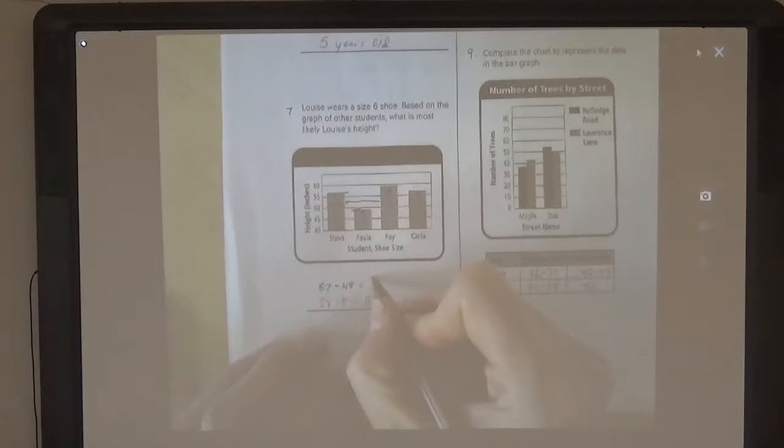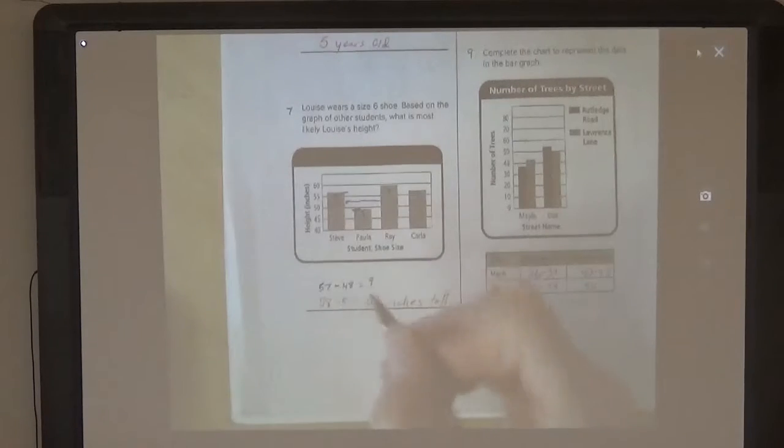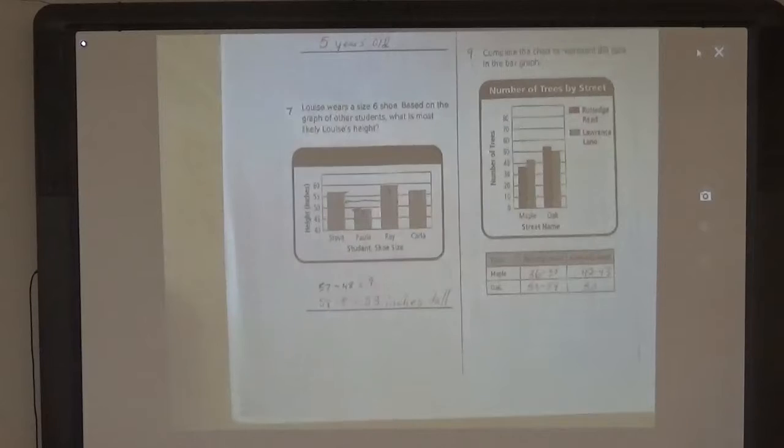So that's about 9 or 10 points. And so what we're doing is trying to find the number between 57 and 48.